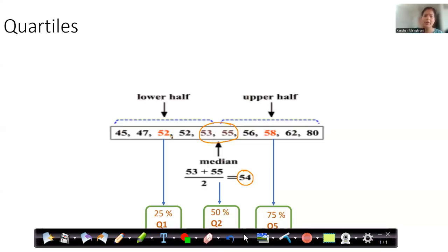Now, if I want to look at my lower half, let's say I divide this data into two equal parts, the lower half and the upper half. I can very well calculate the median of the lower half.